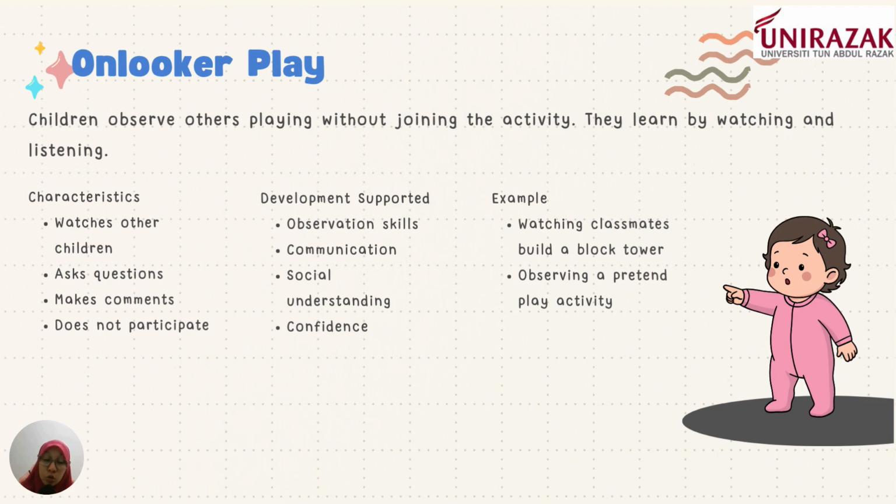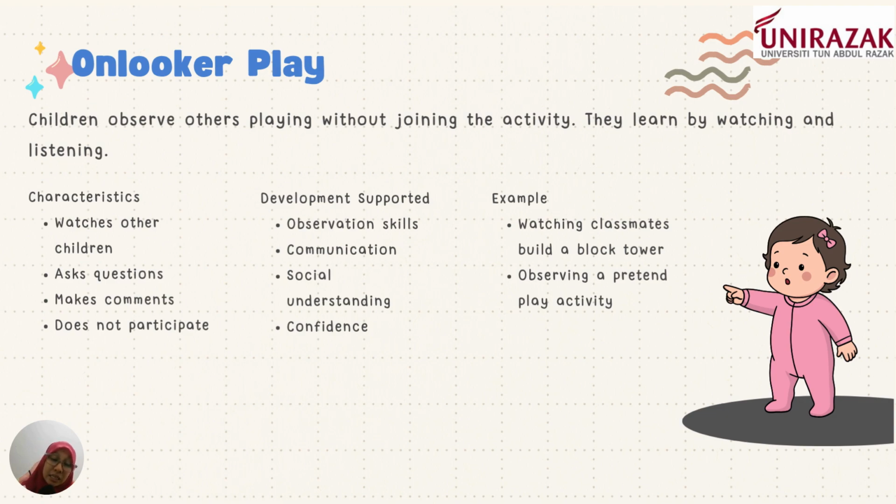Social understanding can also be developed, because they try to figure out how people interact and how they play together. Although they're not joining in, it can gradually help to build their confidence. They can gain the courage to eventually join in with the other group of kids that is playing.